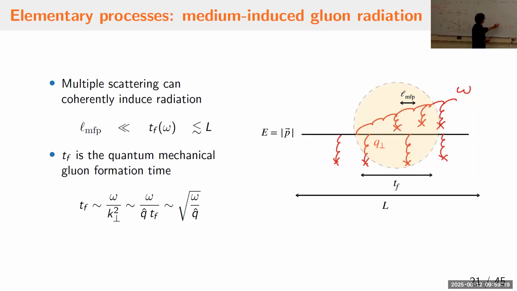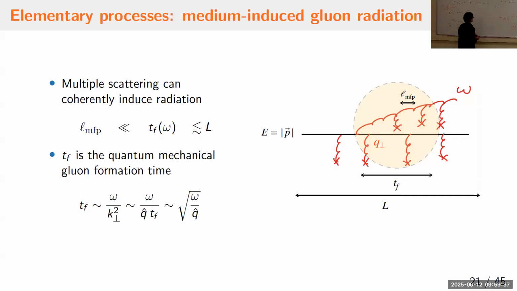All right, so then I can replace this in here, it's q hat T_f. All right. Now I can solve for T_f. I have T_f on the right-hand side and on the left-hand side. Solve for the formation time.